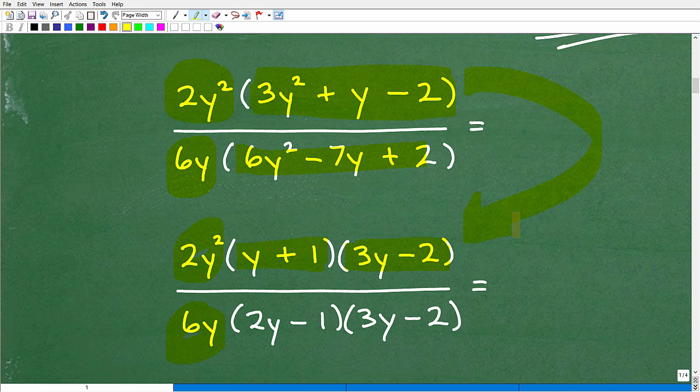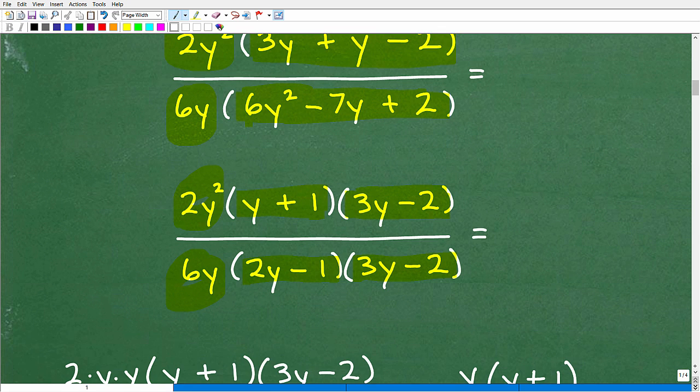We're just looking at the process of simplifying this rational expression, and you need those factoring skills. Now, the denominator, 6y squared minus 7y plus 2, I can factor that trinomial as 2y minus 1 times 3y minus 2. This time, I can look and see, can I factor anything else? No, that's pretty much it.